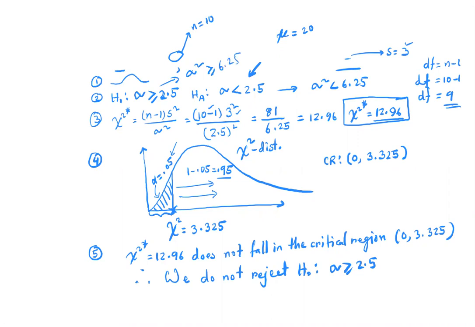So we do not reject sigma greater than or equal to 2.5, or equivalently, sigma square greater than or equal to 6.25. Okay, because if you take the square root of it, you get this. And that's how you will do this problem.